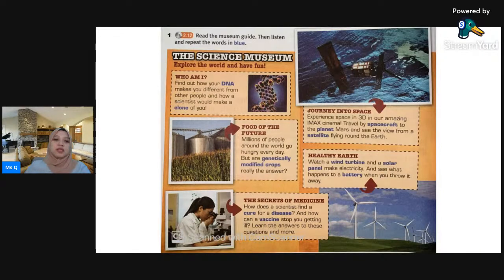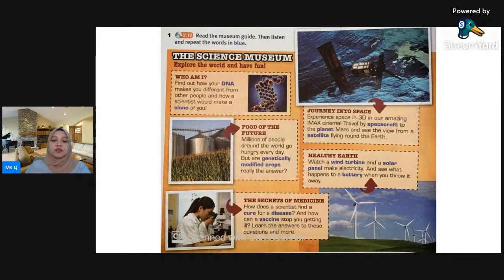Finding a cure means that you can heal the disease completely, but a vaccine is a preventative measure that could stop you from getting really bad symptoms of any of the diseases we have these days. So when you get a vaccine, it doesn't mean that you will not get the disease, but it will stop you from getting worse if you catch it.